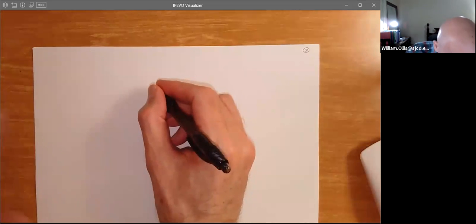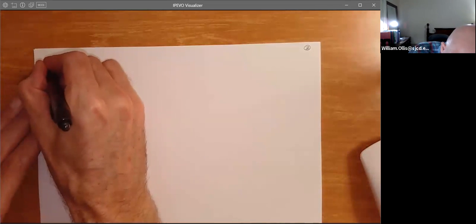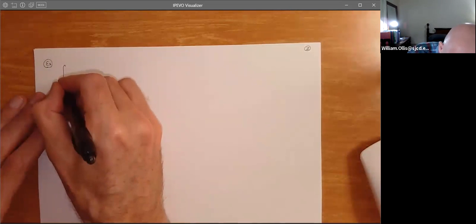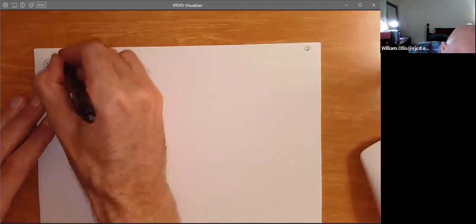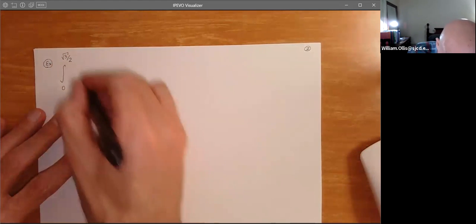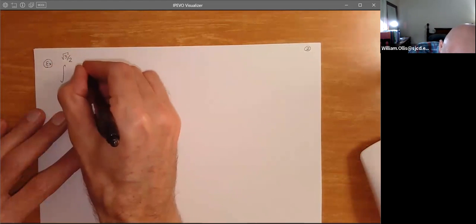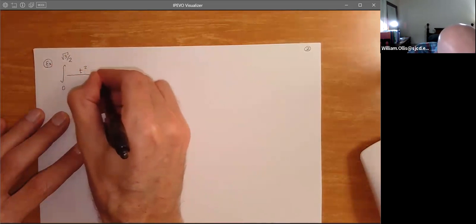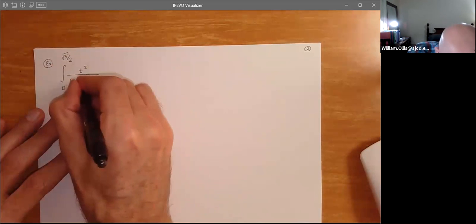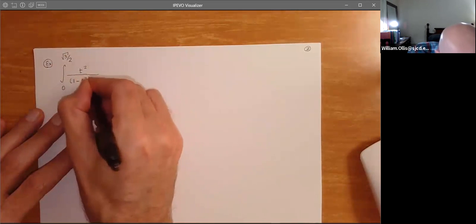We have the integral from 0 to the square root of 3. So it's thinking unit circle, right? Square root of 3 over 2. We have t squared, and here we have 1 minus t squared to the 3/2.